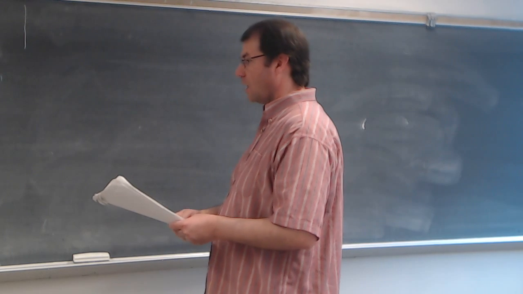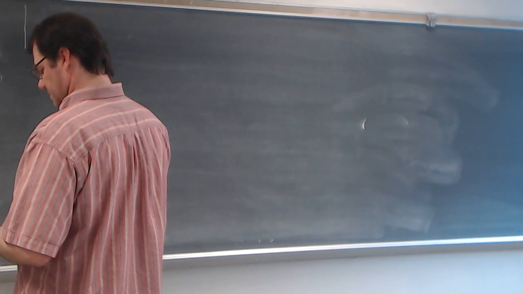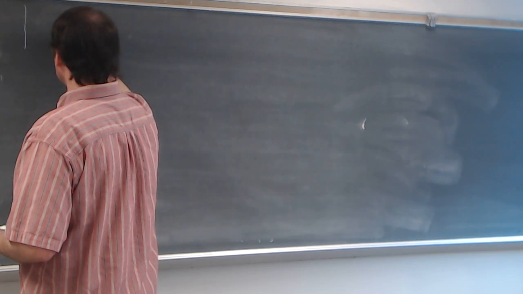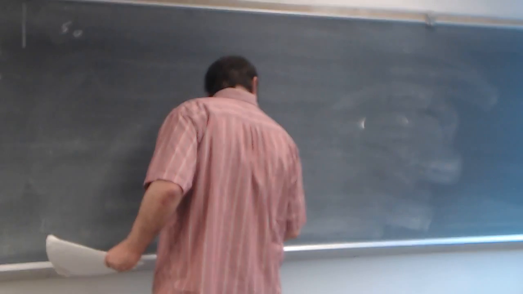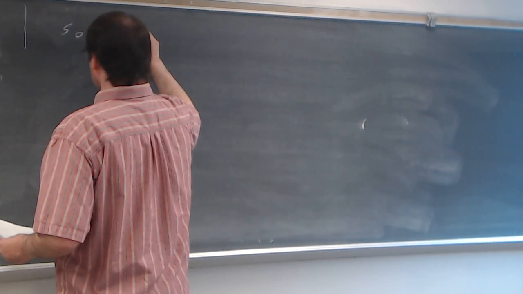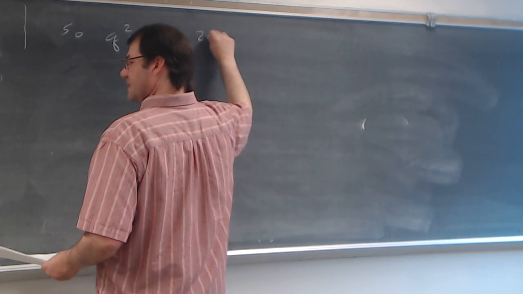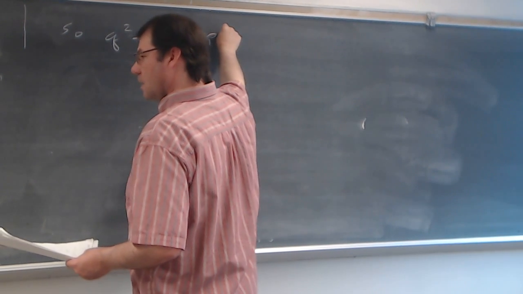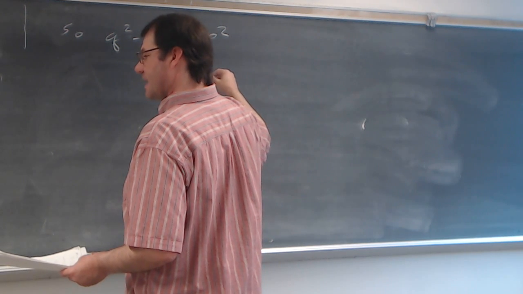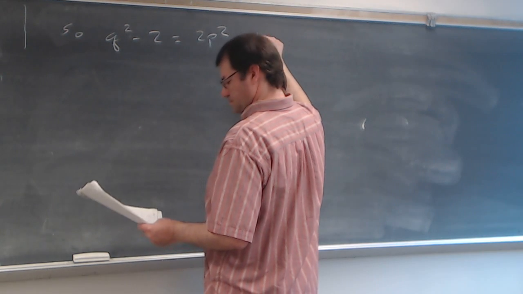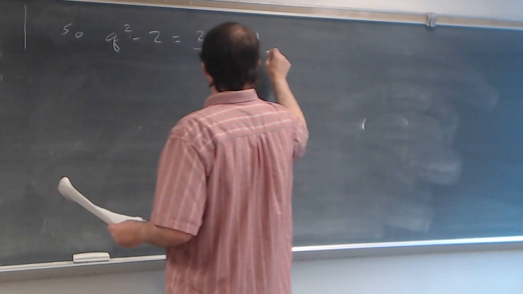Okay, so simplifying that, what we get is q² minus 2 is equal to 2p², and then we have the 8p minus 8p cancels out, and then we have minus 4 over (p+2)².